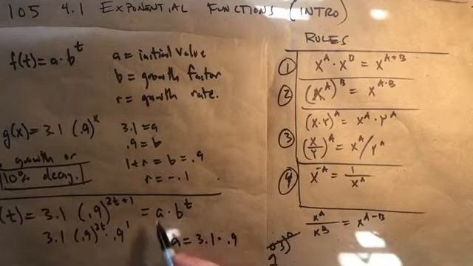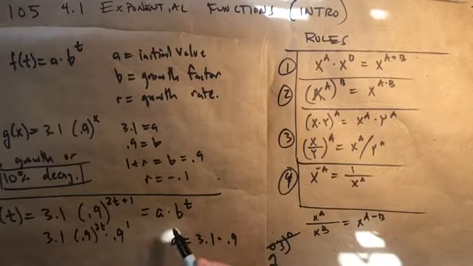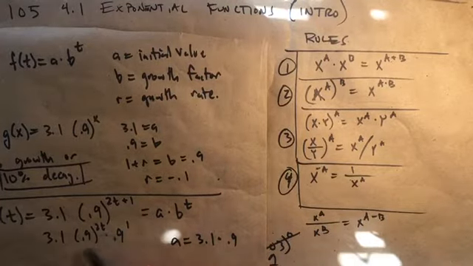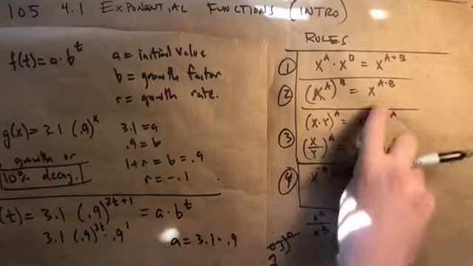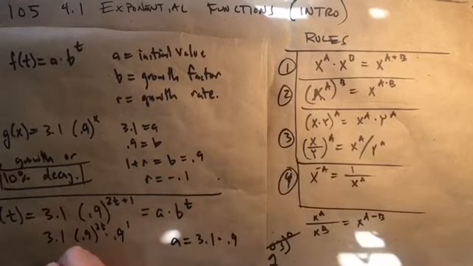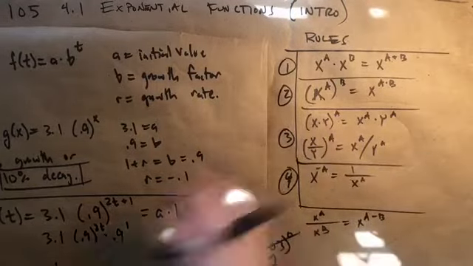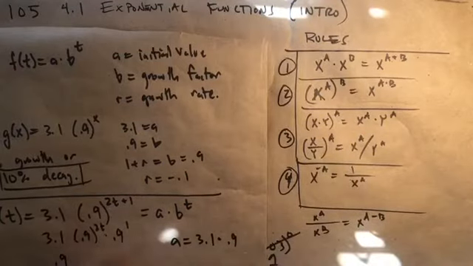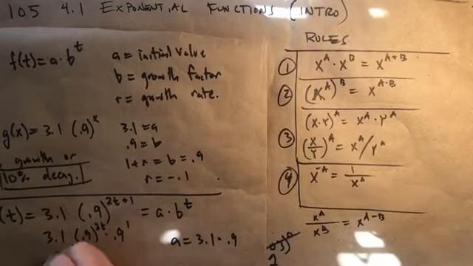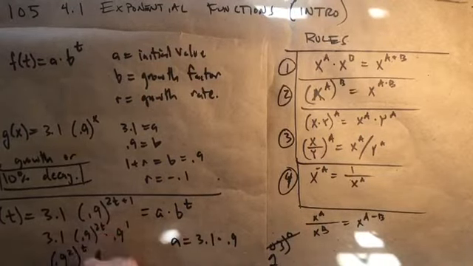But now to figure out what b is, the value that's being raised to the t power. And so what I'm going to do is I'm going to undo this second property. So 0.9 to the second power, all of which will be raised to the t.